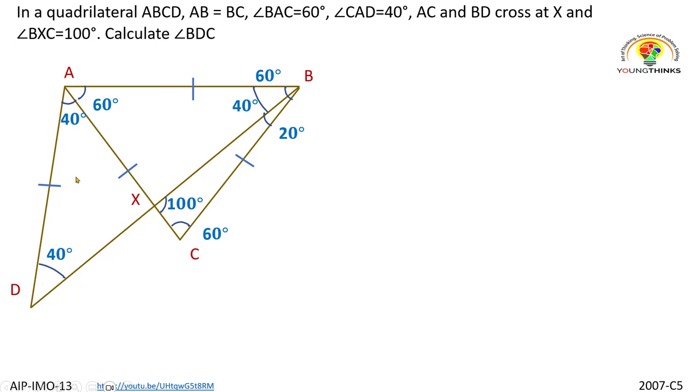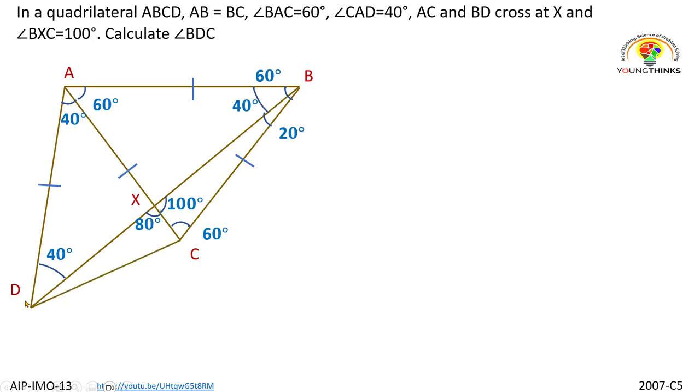Now, if I find this angle from 180 in a straight line, if I take 100 away, the remaining portion is going to be 80 degree.